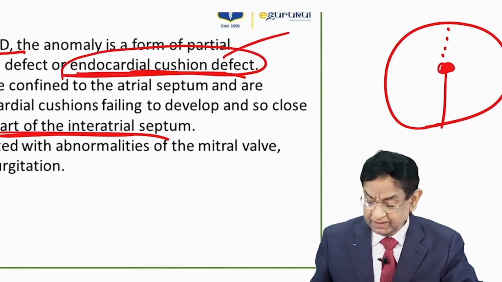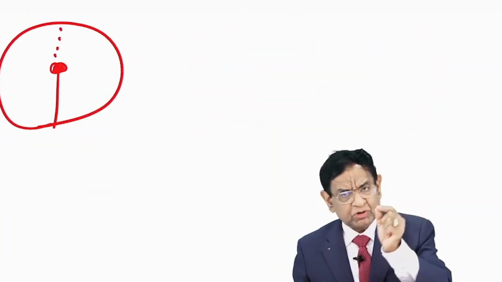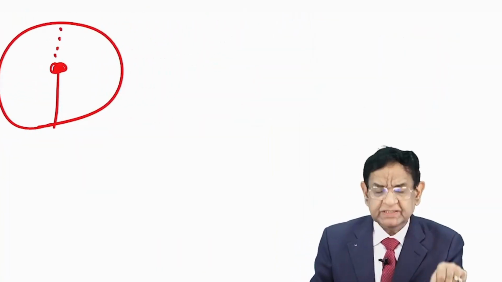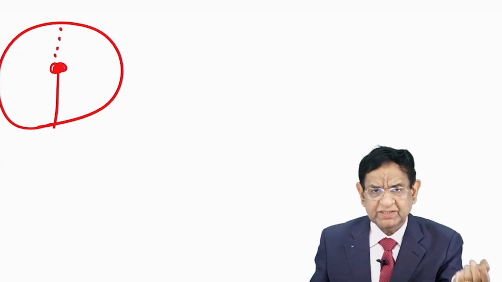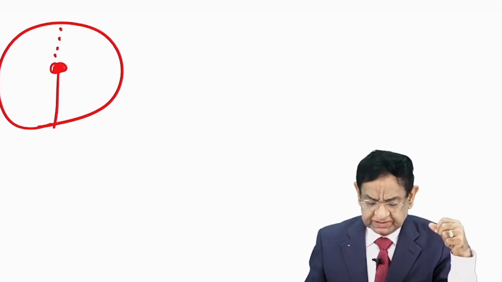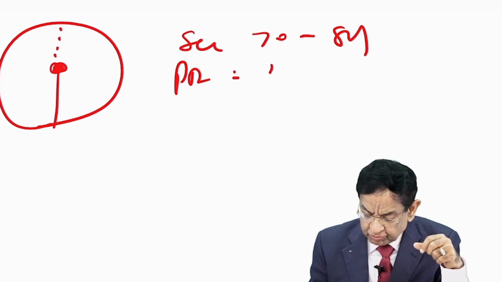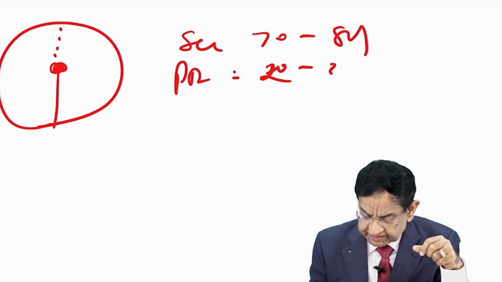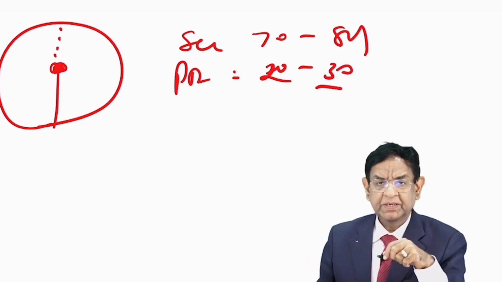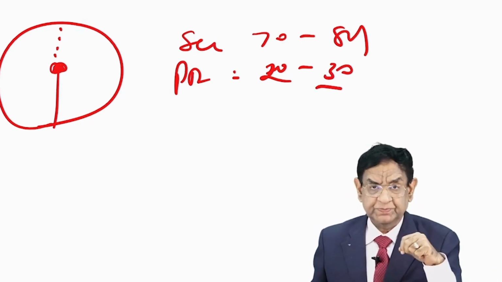Well, what is the most commonly asked question? Primum is uncommon, about 20 to 30%. Secundum defect is about 70 to 80%. Primum is far less common. But what question do they ask you?